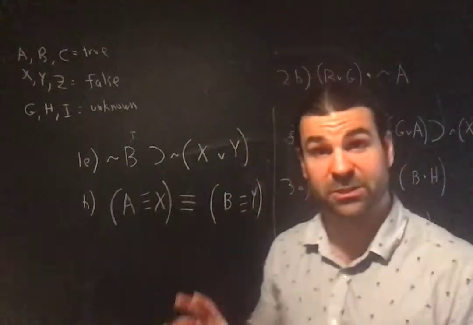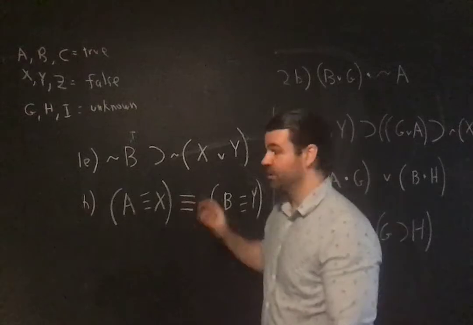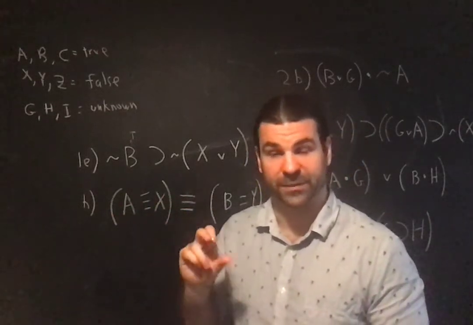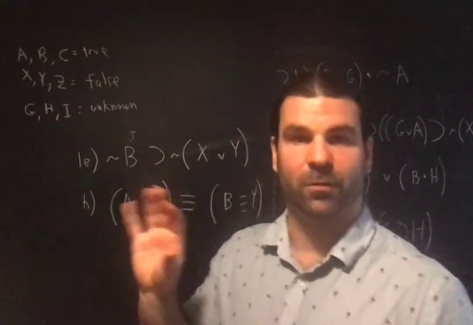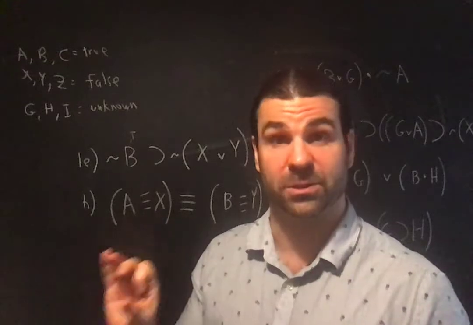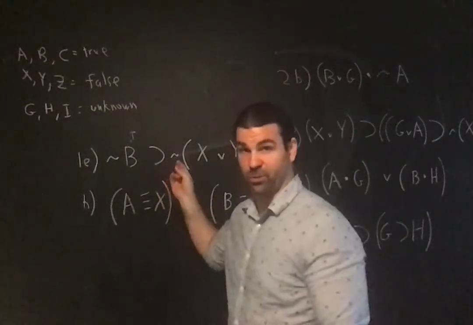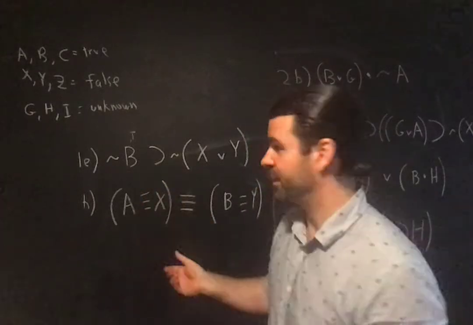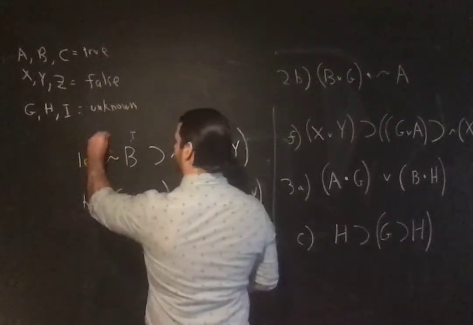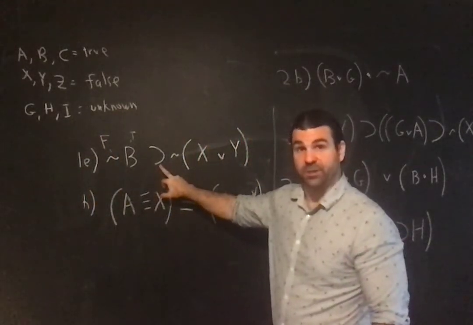When you can answer the actual question skipping computing some of the truth tables, that's applying the truth table knowledge to know what suffices for the truth or falsity of a disjunction or a conjunction or a conditional. In this case, B is true, therefore not B is false, so that suffices for telling me that the conditional is true.